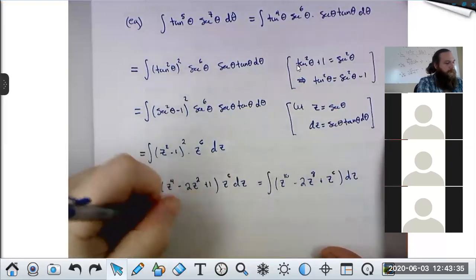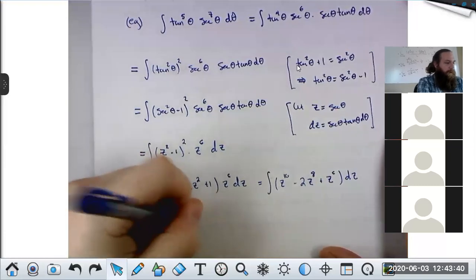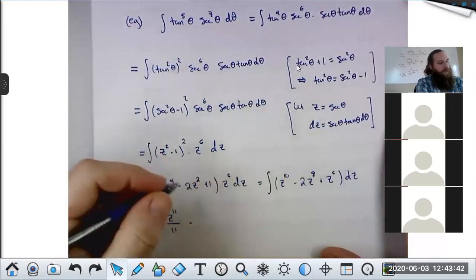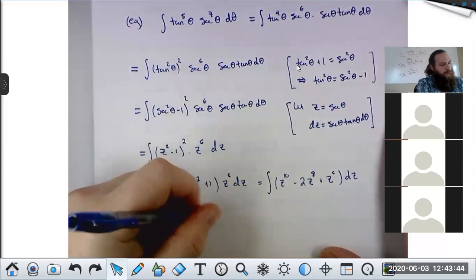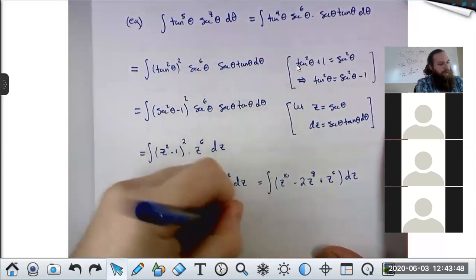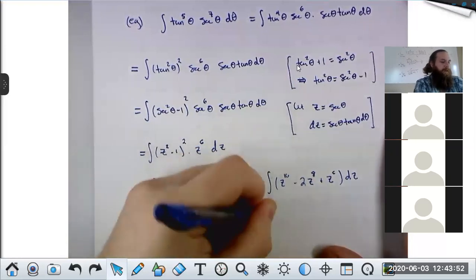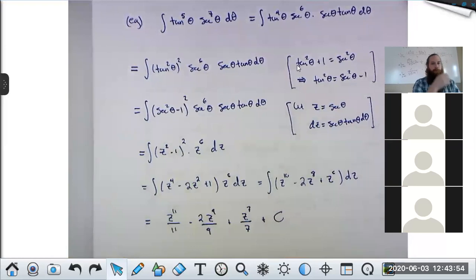Z to the 10 will integrate to z to the 11 over 11, minus z to the 8 will integrate to z to the 9 over 9. So that's 2z to the 9 over 9, plus z to the 6 will integrate to z to the 7 over 7. And at this stage, I start writing my plus c.